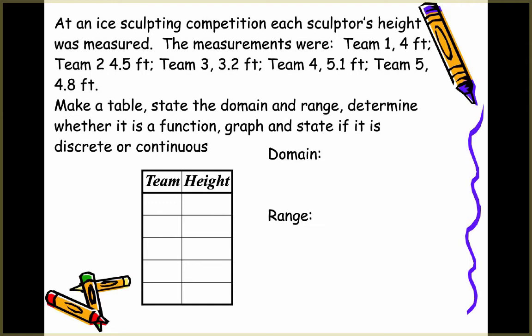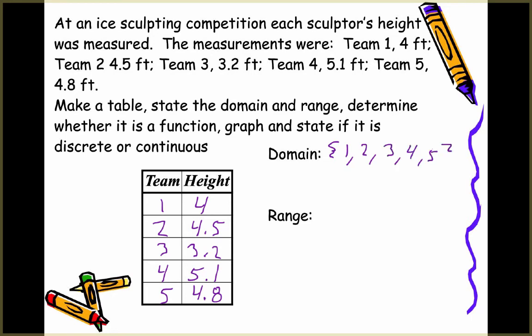So first, we are going to fill in our table. We have team 1 through 5. Team 1 had 4 feet. Team 2 has 4.5. Team 3 was 3.2. Team 4 was 5.1. And team 5 was 4.8 feet. So we're going to look at our domain, and our domain is all of our independent values, our team numbers: 1, 2, 3, 4, and 5.